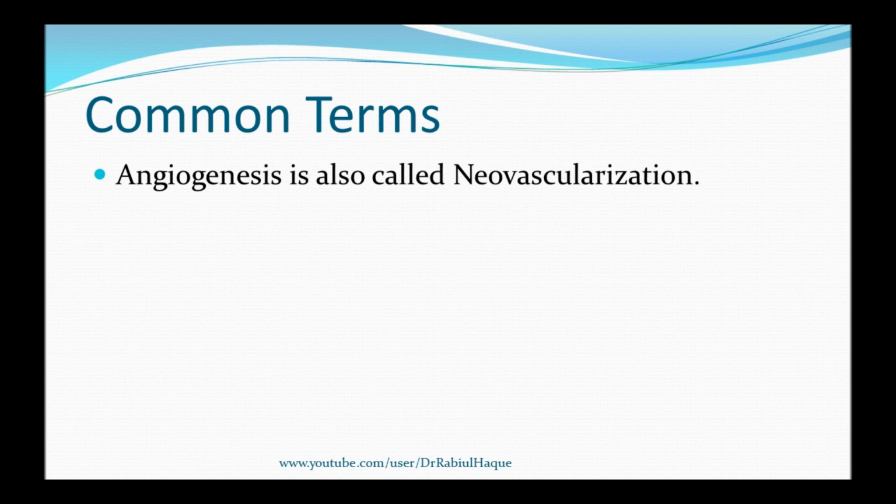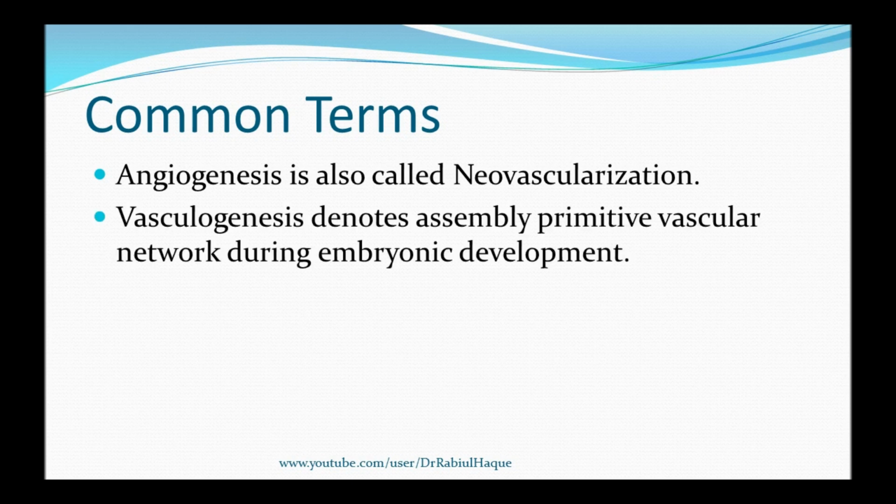Now don't confuse the term angiogenesis with vasculogenesis. You'll also see the term vasculogenesis in your textbook, and always remember the term vasculogenesis was used to denote blood vessel assembly during the embryonic development. And always remember, during the embryonic development, initially we have a primitive vascular network.